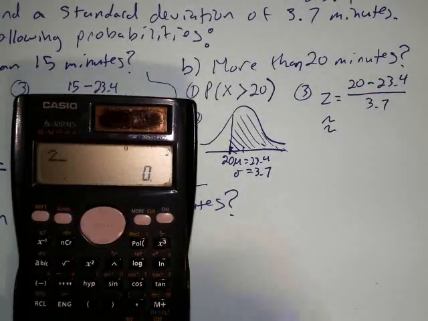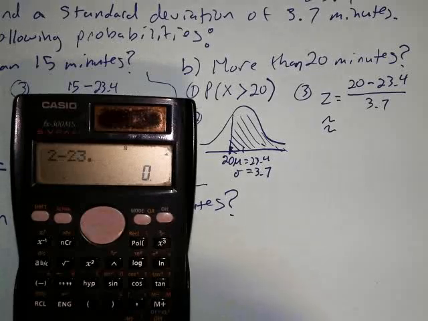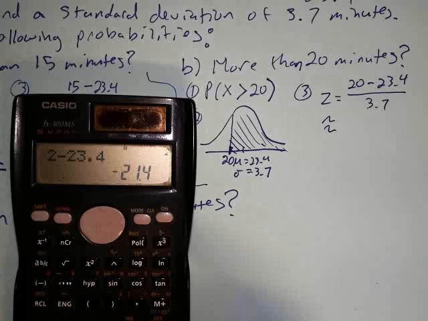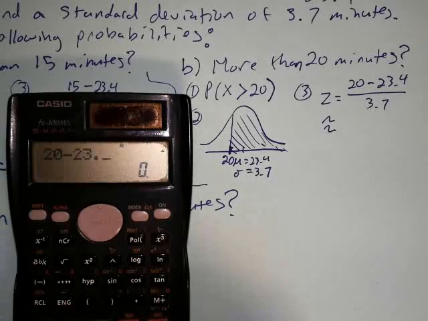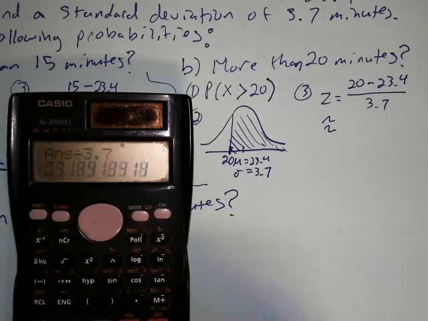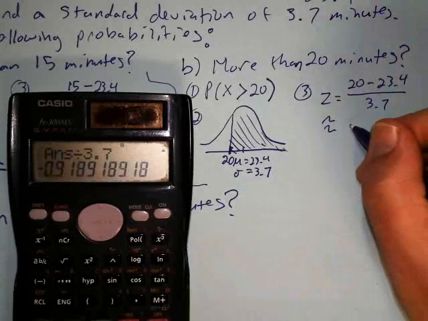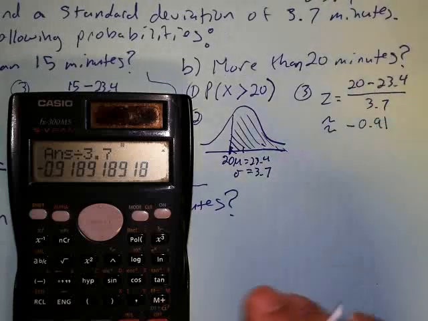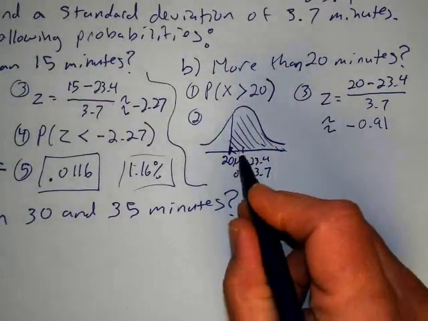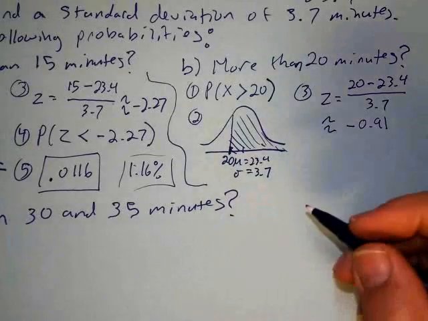So I take 20 minus 23.4, and then I divide that by 3.7. Okay, and that is negative 0.91. So a little less than 1 standard deviation below the mean, right?